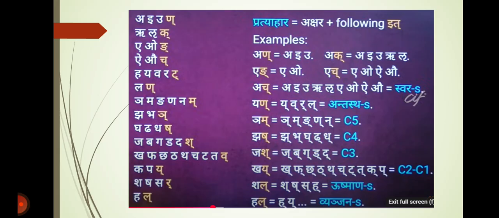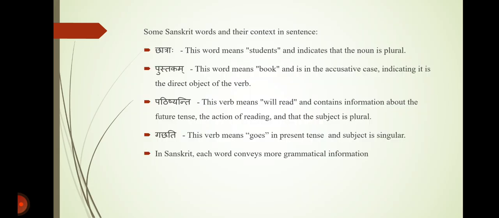Now, once we have learned about the alphabets, let us start with the next step, that is formation of words. Every word in Sanskrit is called a pada, and every pada has a unique structure that describes every aspect of that word when it is used in a particular sentence.